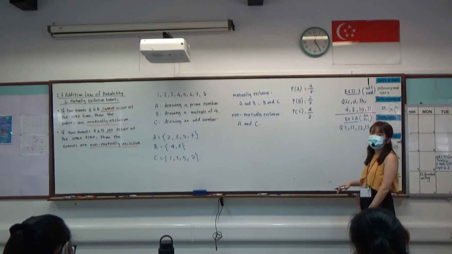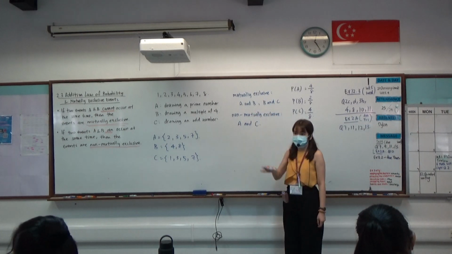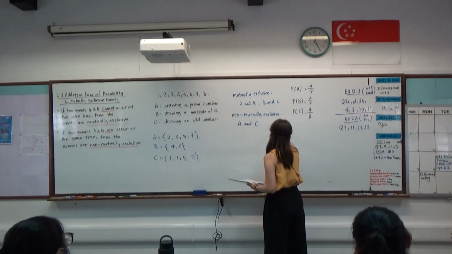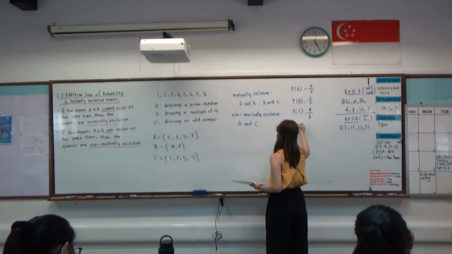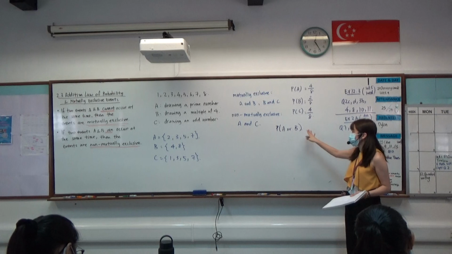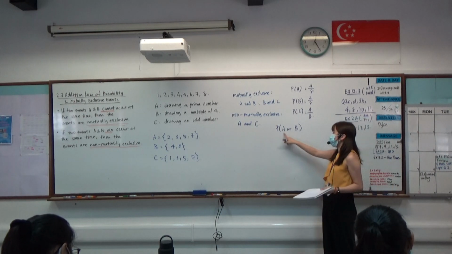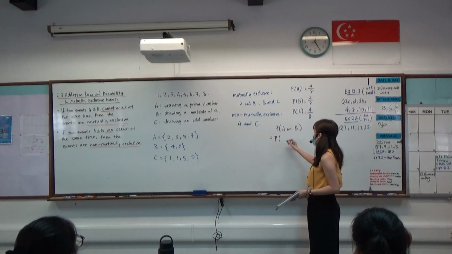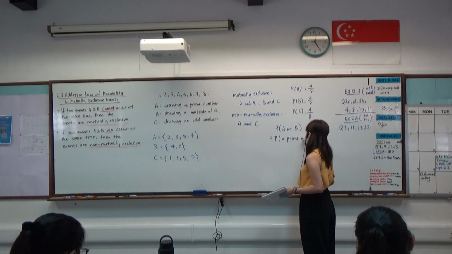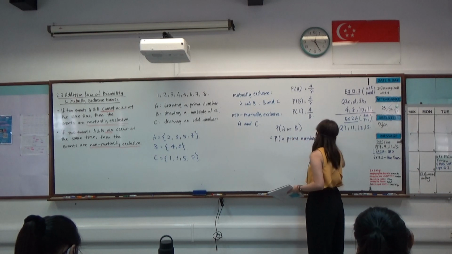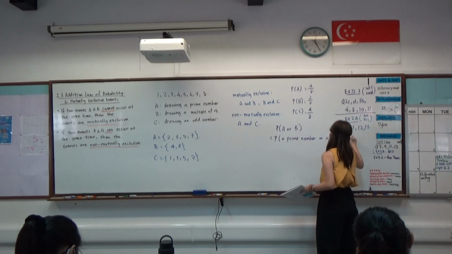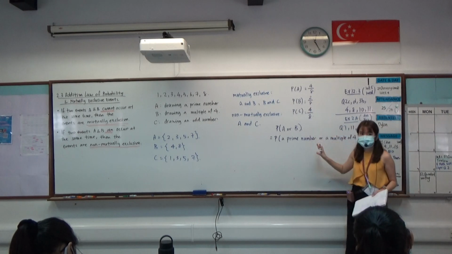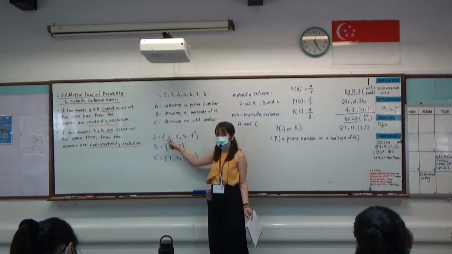Right? So if you want to see for mutually exclusive events, for example, if I want to choose probability of A or B. Okay, so if I ask a question that I want to find the probability of getting A or B, in words, it will mean that I want to get a prime number or a multiple of 4. If we solely look at this, ignoring the others first, getting a prime number, 4 of them are prime numbers.